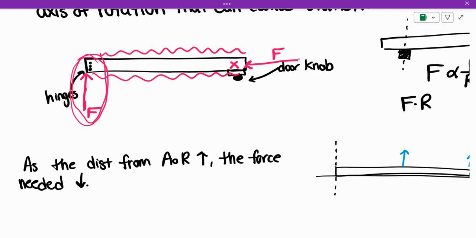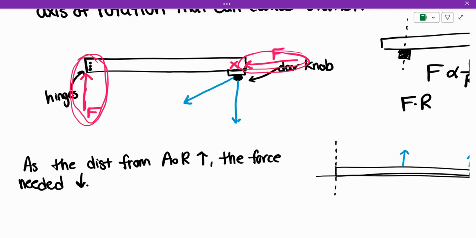Okay. This here tells me that the direction I apply my force might matter. So let's think about how we pull on a doorknob, right? Usually we pull on a doorknob nice and perpendicular to that doorknob. Think about trying to open a door by pulling not perpendicular to the doorknob, like kind of stepping to the side of the doorknob and trying to open it, right?